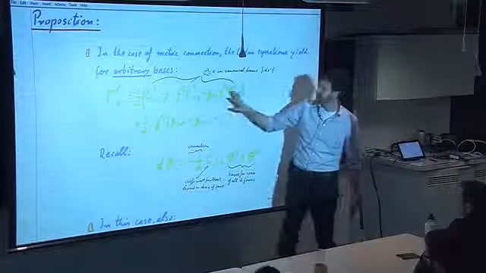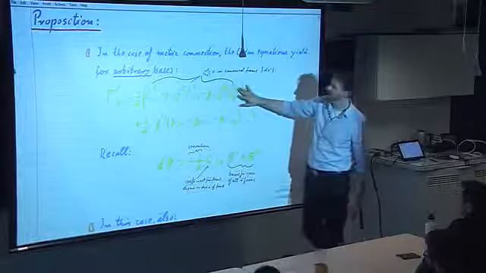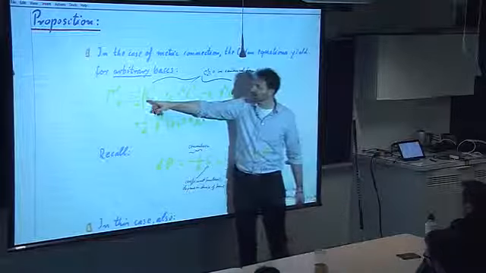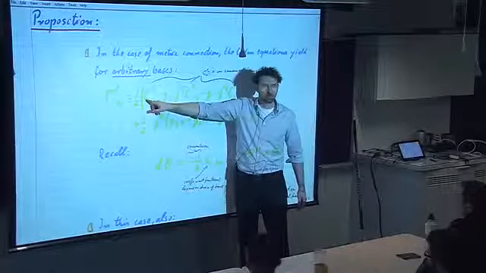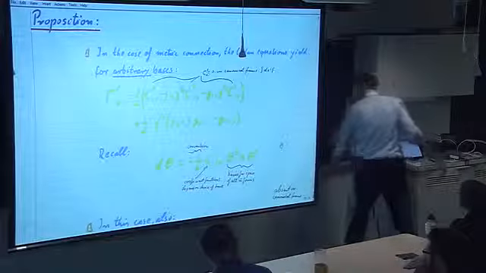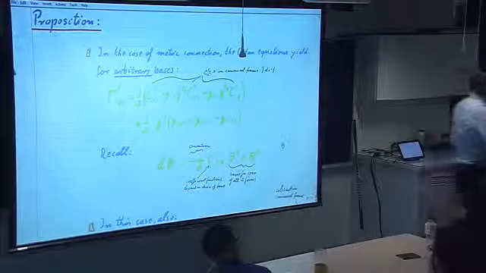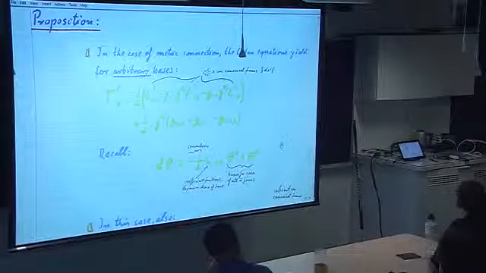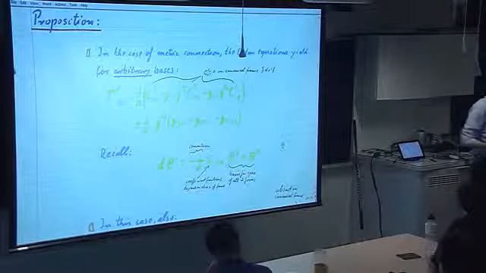Now we have these additional terms. Remember what the C's are? You have the theta I, that's your basis in the cotangent space.